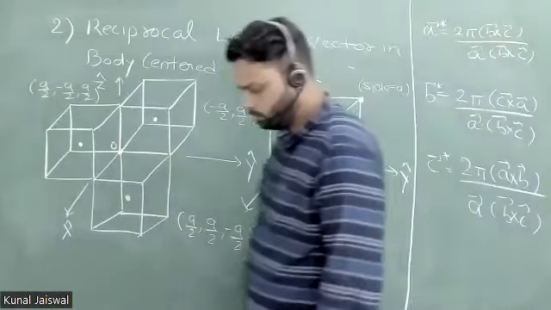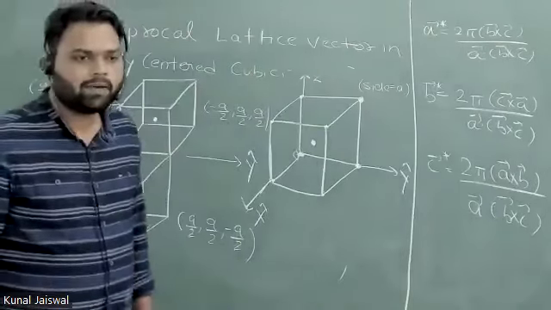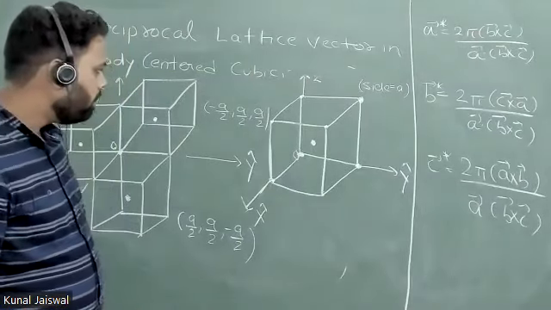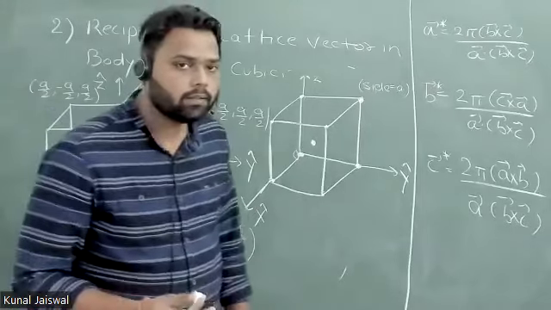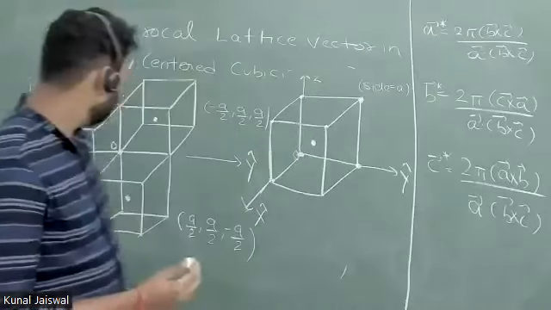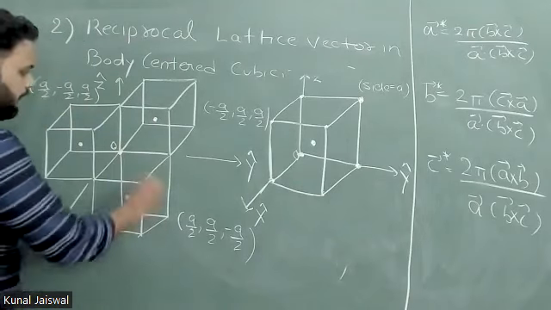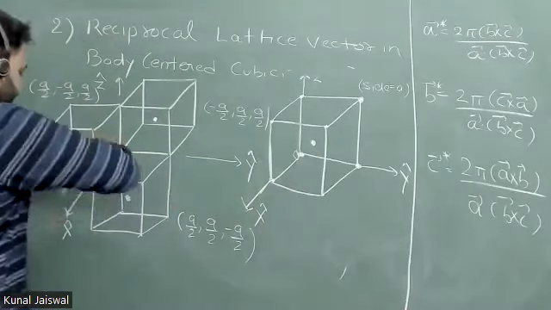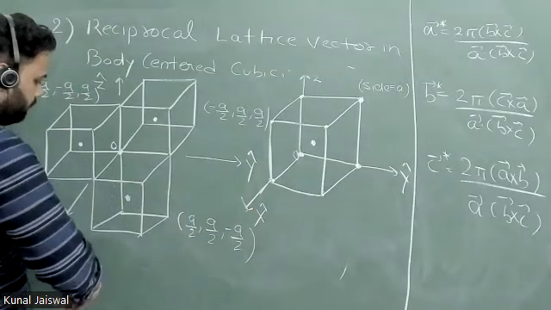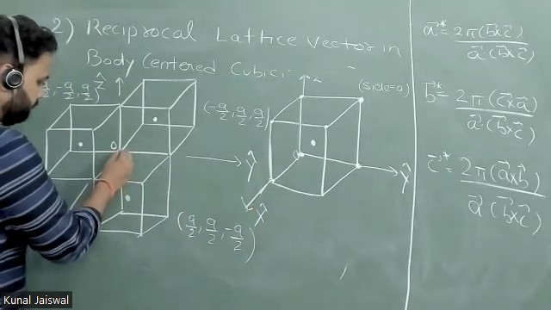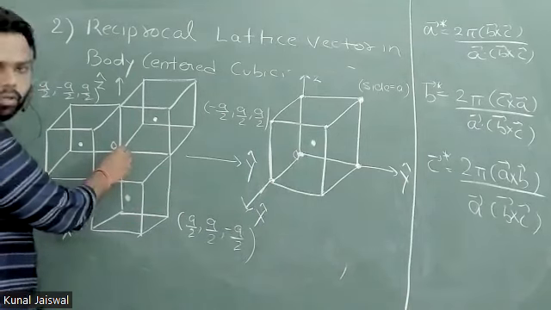Sir, my internet connection was slow. Can you please say how we get minus a/2? Basically, I'm writing down the coordinate of this atom. I have defined the y-axis, z-axis, and x-axis, and this atom we are treating as our origin.